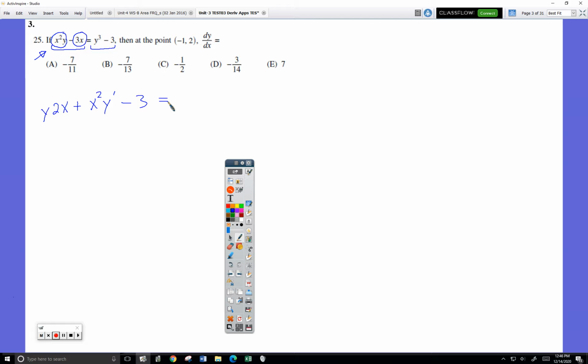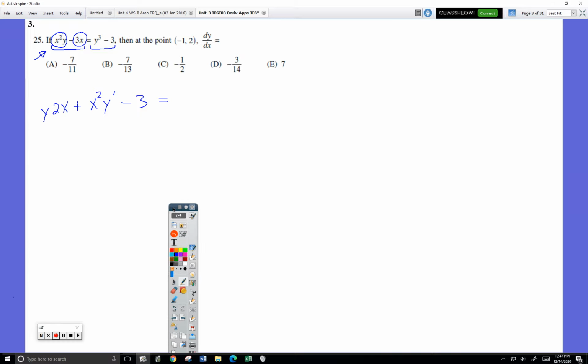Cool. So then you just go to the other side, derivative of this. Is that 3y prime squared? No. So what rule are you using? The power rule.